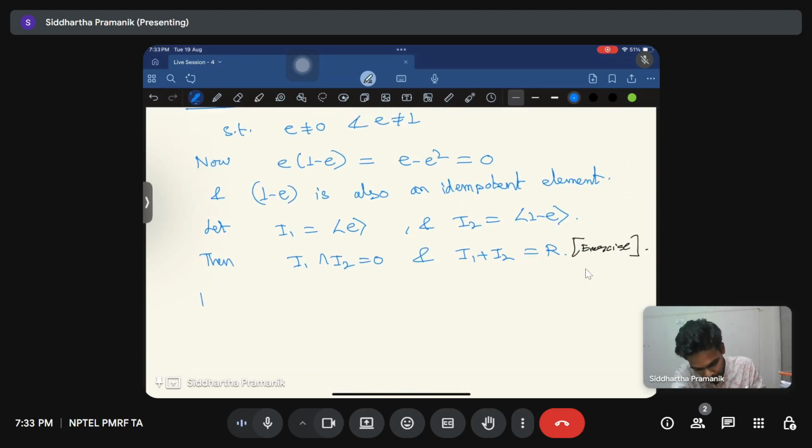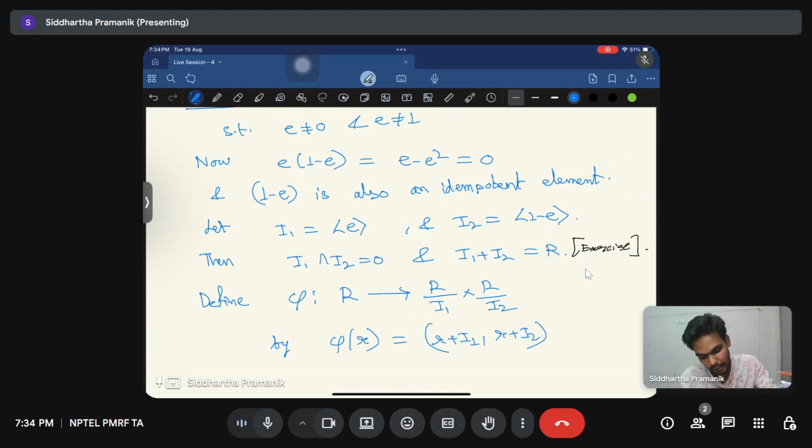Now define phi from R to R mod I1 cross R mod I2 by phi of r goes to the tuple (r plus I1, r plus I2). This is a very well-known map and its kernel is I1 intersection I2, which is 0.